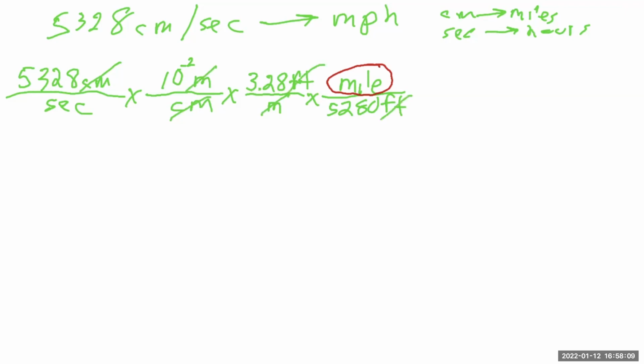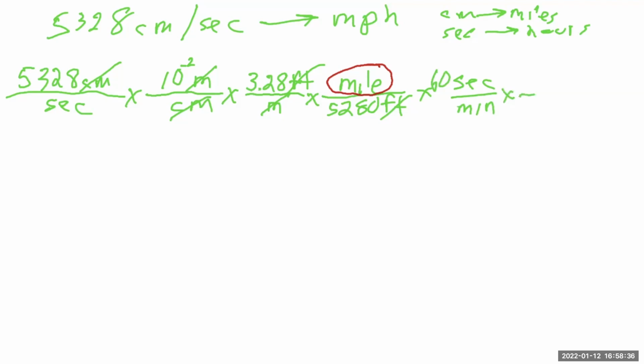So now we'll start with the bottom number. When we do the bottom number, you have to be really careful because now we're doing the exact opposite of what we normally do. It's the same thing, we just have to do it upside down now. So seconds has to go on the top because seconds are on the bottom, to cancel. And seconds, I want to go to minutes. I know there's 60 seconds in 1 minute.